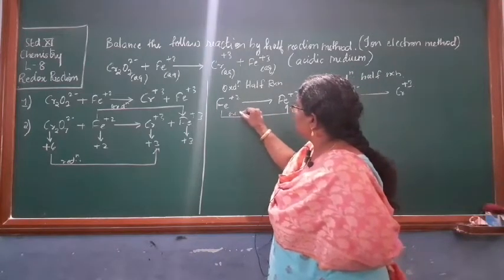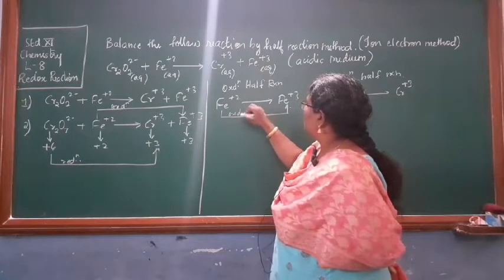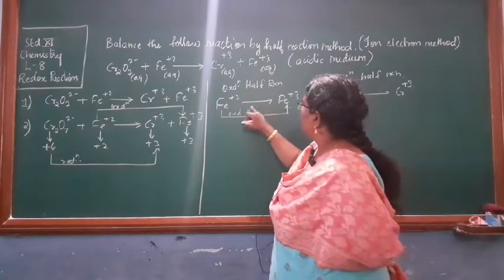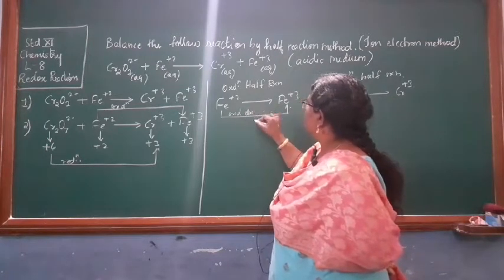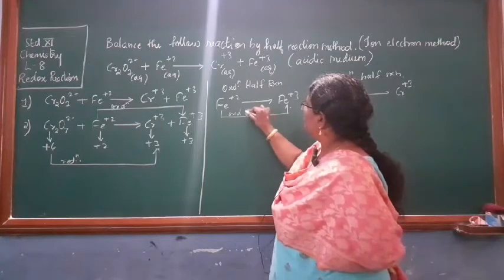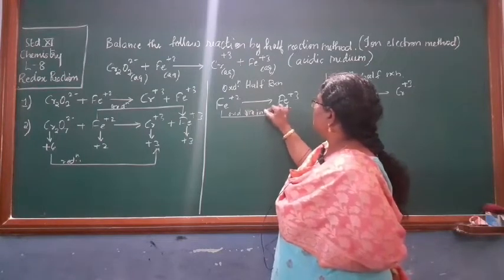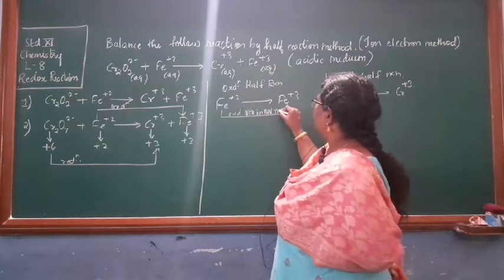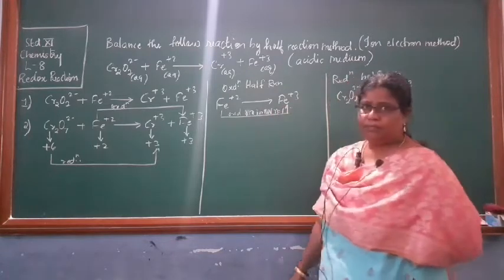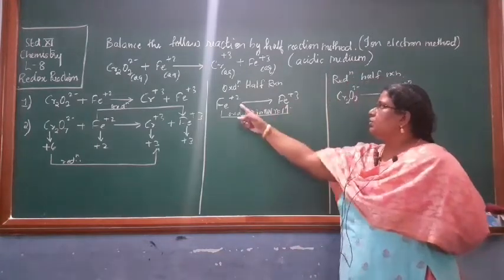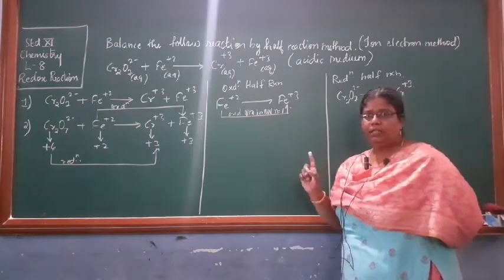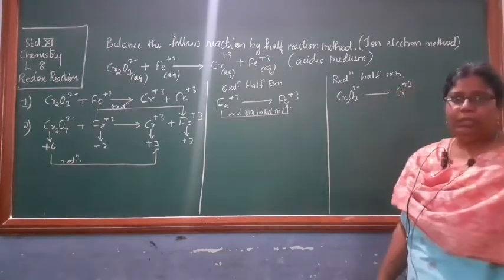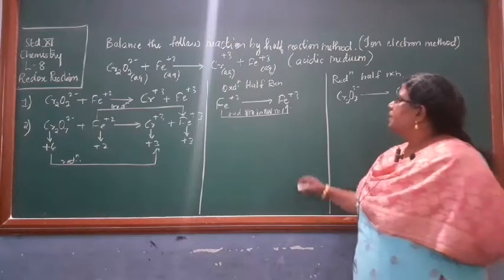Here this is oxidation, and the increase in oxidation number, n, will be equal to 1, isn't it? It is going from 2 to 3, meaning one increase, so n will be equal to 1.